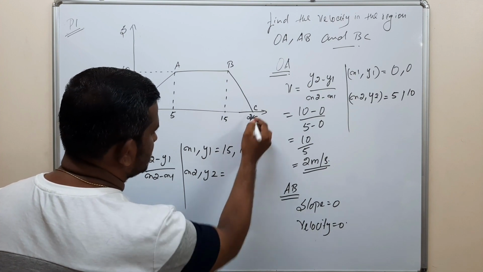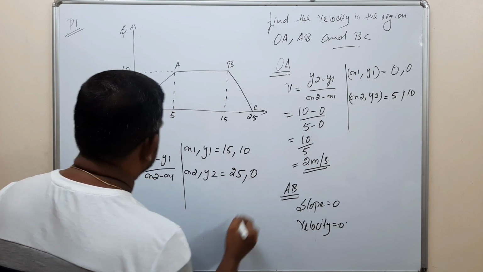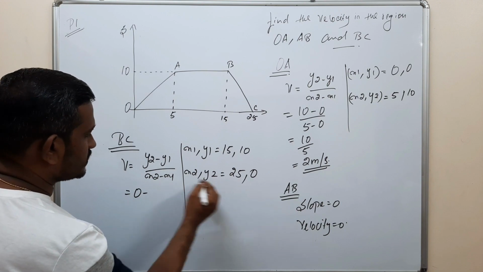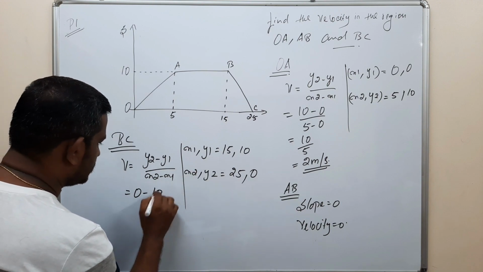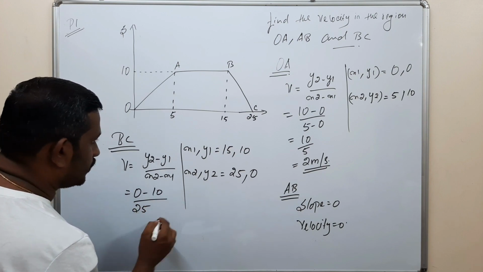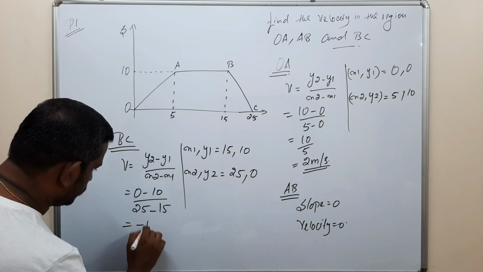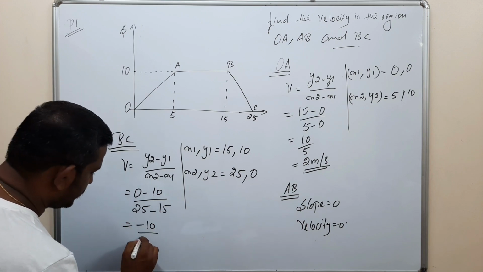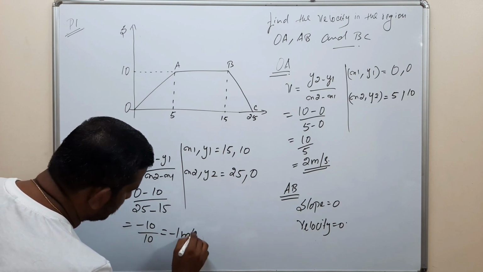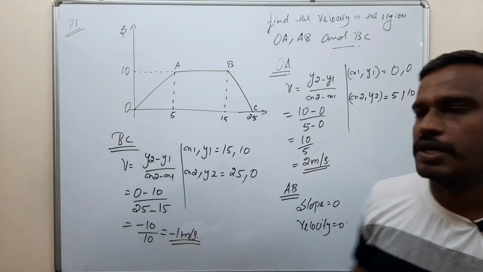At C, x2 is 25, y2 is 0. So that's equal to 0 minus 10 divided by 25 minus 15. So that's equal to minus 10 divided by 10, which is equal to minus 1 meter per second. So that is the velocity in the region BC.